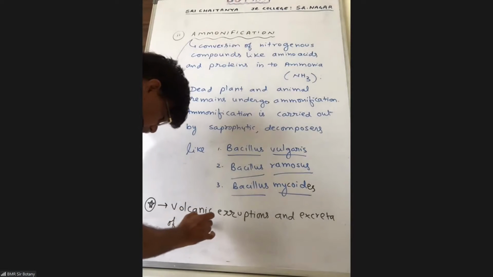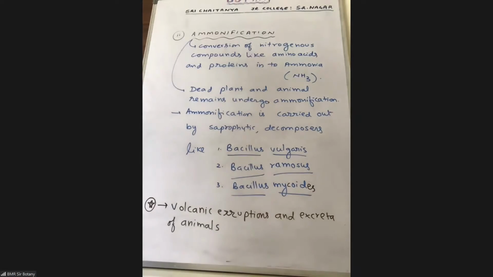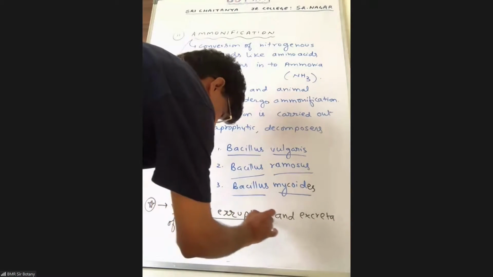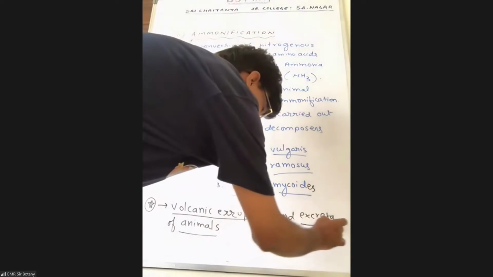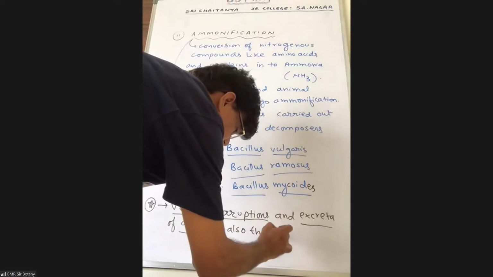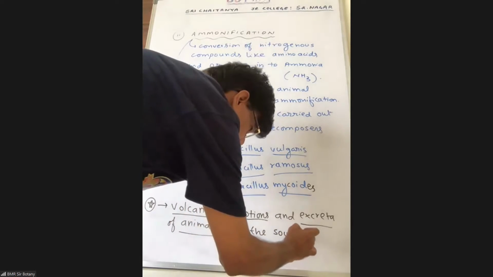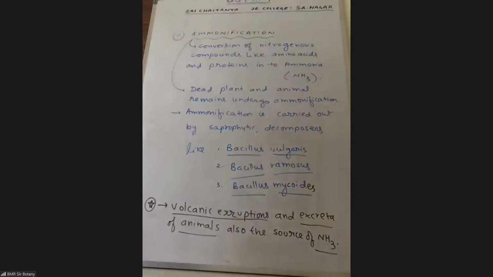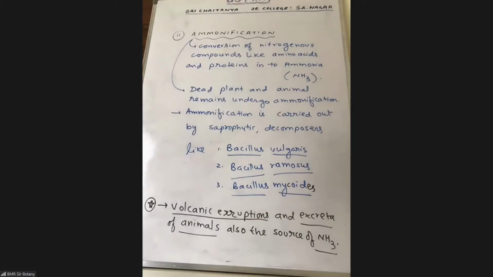In animals, it has undergone partial breakdown, that is ammonification also. Volcanic eruptions and excreta of animals are also sources of ammonia in nature. That's all for ammonification, step 2.